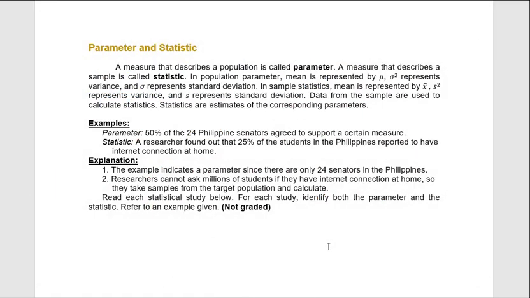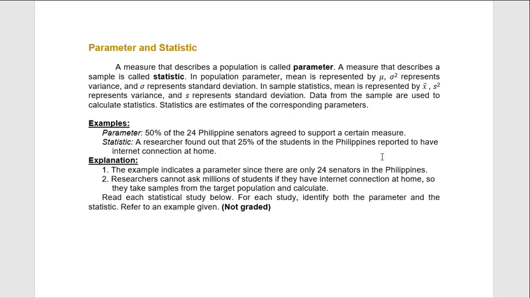Okay? So going back to your module, let's have an example. So let's say for a parameter, 50% of the 24 Philippine senators agreed to support a certain measure. And for statistic, a researcher found out that 25% of the students in the Philippines reported to have internet connection at home.